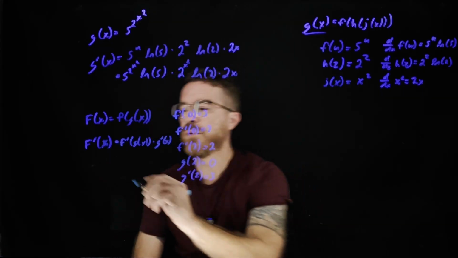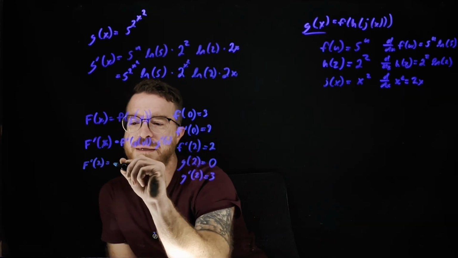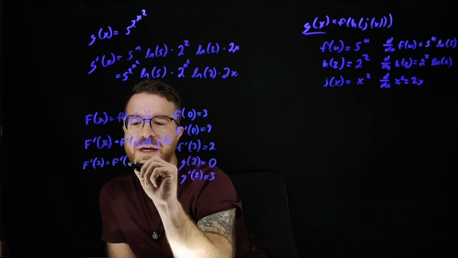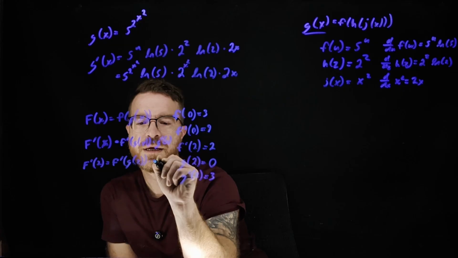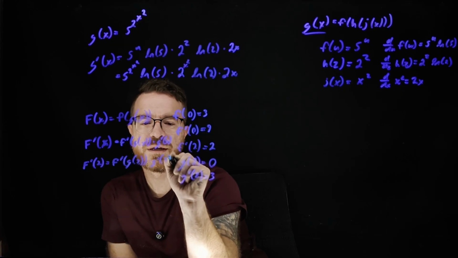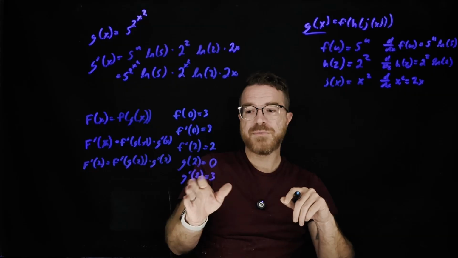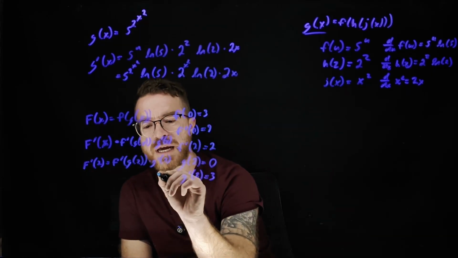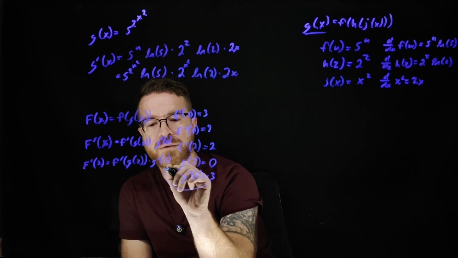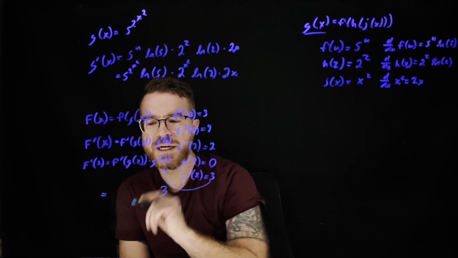So if we're looking for F prime of 2, this is going to be the derivative of f of g of 2 times the derivative of g of 2. Now, we have the derivative of g at 2. So the derivative of the g function at 2 is equal to 3. So I'm going to plug this 3 in right here. So this is going to be times 3.